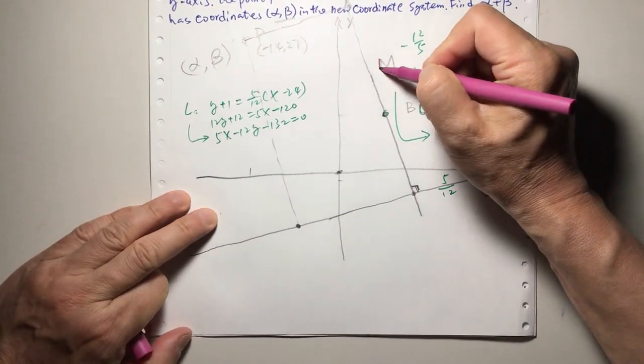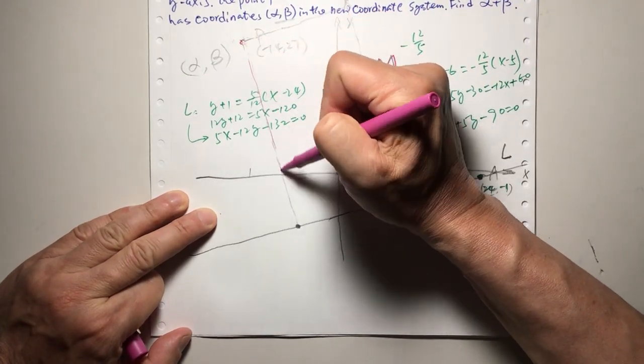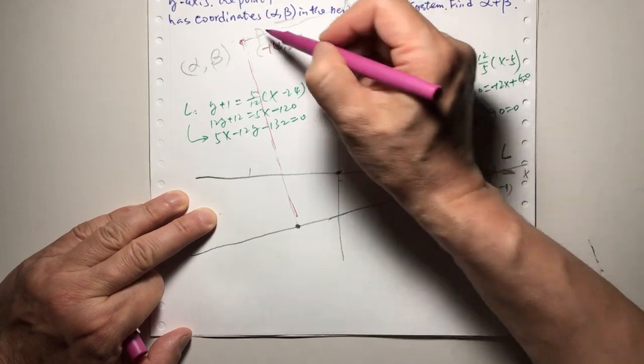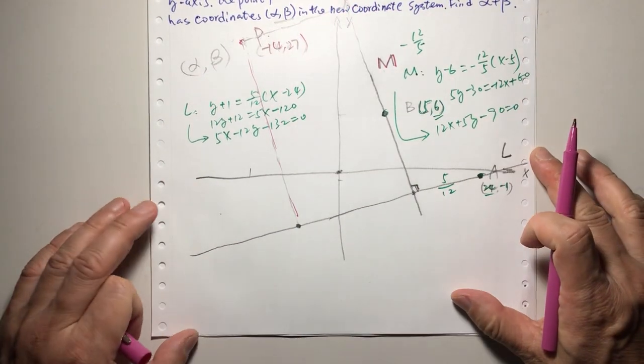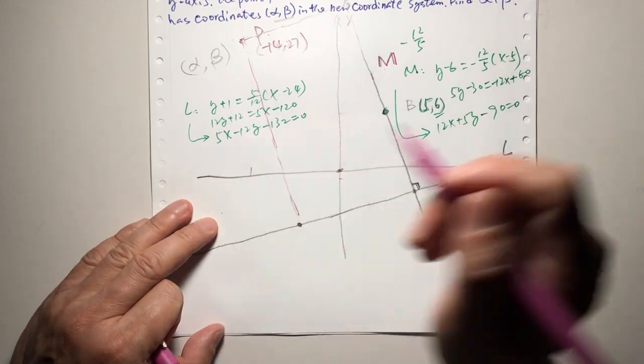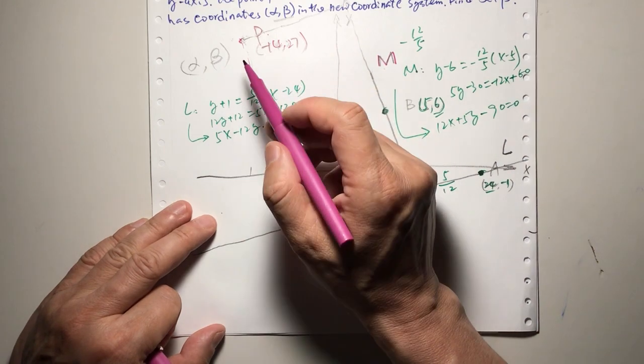Now let's find alpha and beta. This is the point P, (-14, 27). First we get alpha, which is the distance from P to line M times -1.